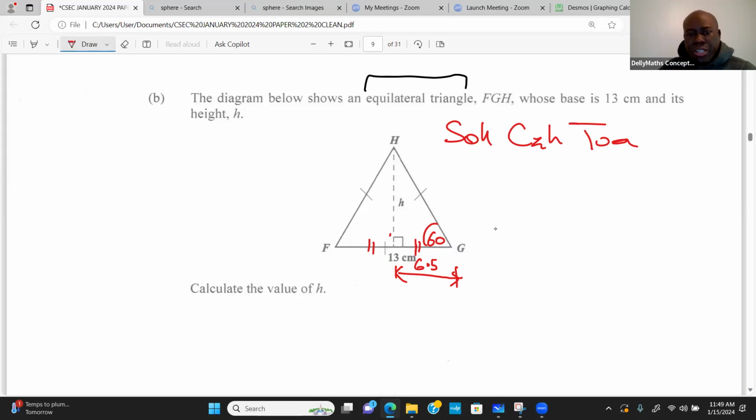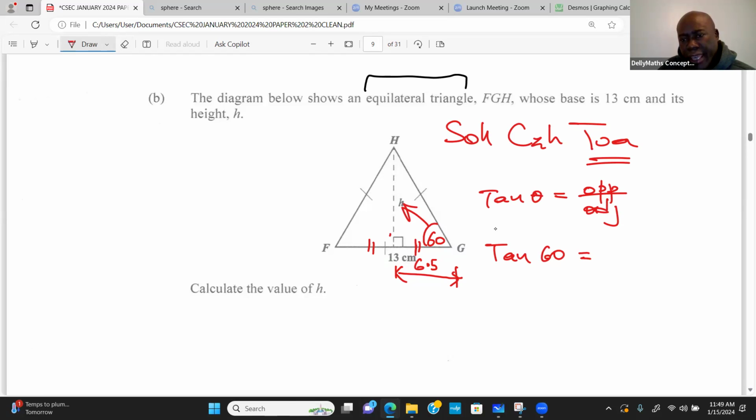So in using that, I'm going to pick the one that is dealing with adjacent and opposite, which is tangent. So the tangent of an angle in a right angle triangle is the opposite side divided by the adjacent side. In this context, the tangent of 60 degrees is equal to h, which is the height that I need, which is the opposite side, over 6.5.